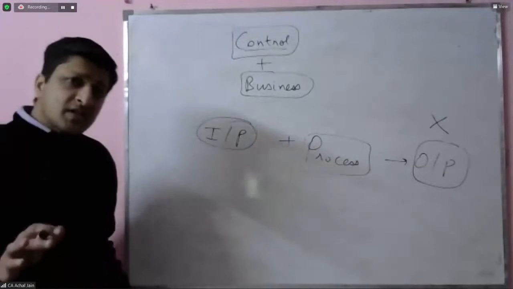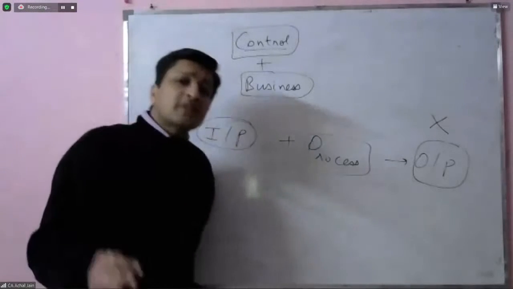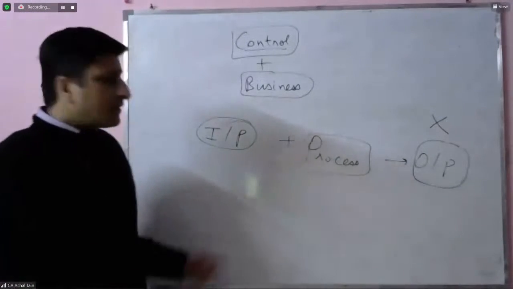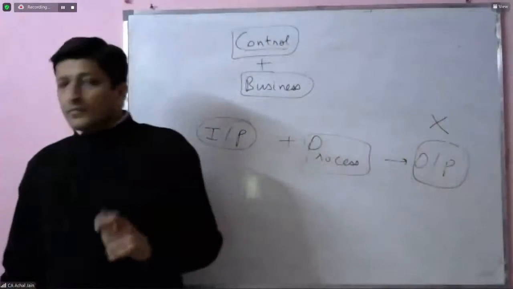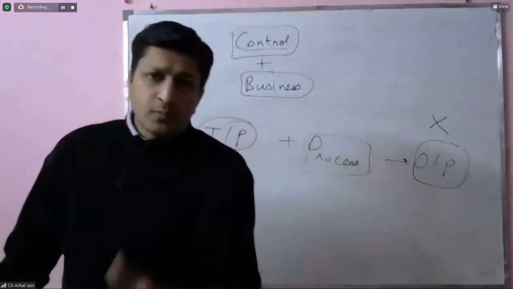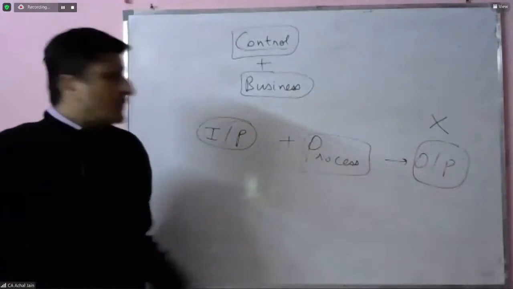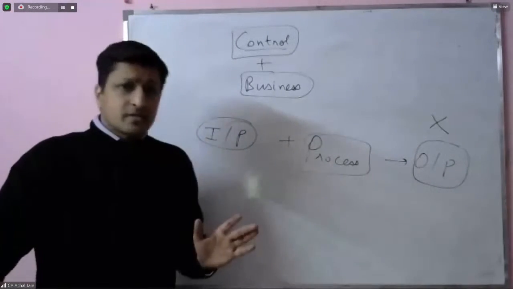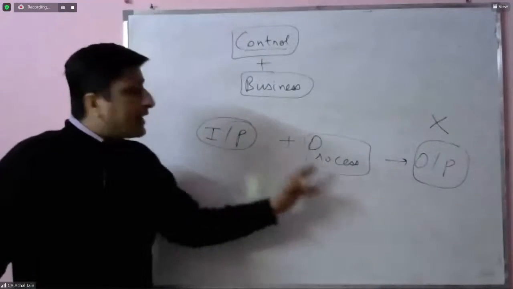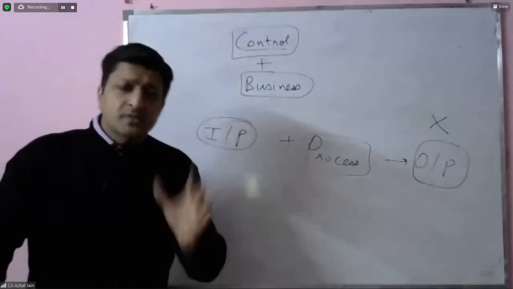That means for business, what all things are required? Three things are required: input, process, and output. Output may or may not be there in certain cases, but input and processes are a must.